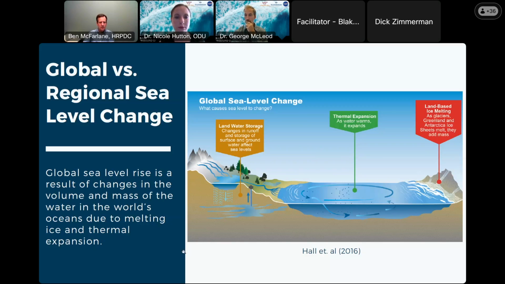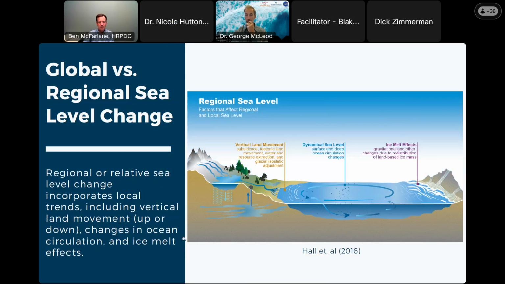And then at the regional level, which I think is really where some of the NASA tools come into play, is this better and better understanding that we're getting of these other impacts that are occurring, right? So we have not just ice melting and adding to the amount of water that we're dealing with, but also that as ice from the poles melts, it changes the gravitational forces that are acting upon the world's oceans, and it redistributes that water over the entire globe.